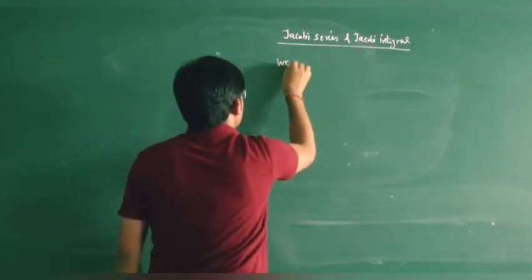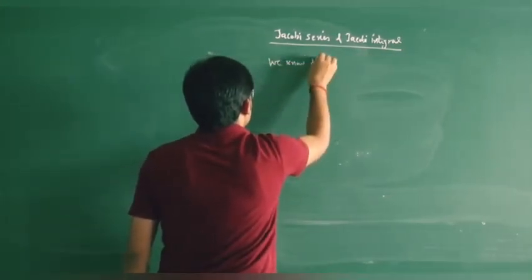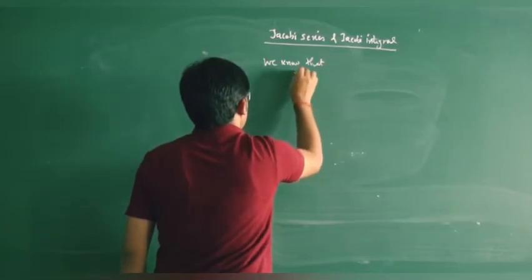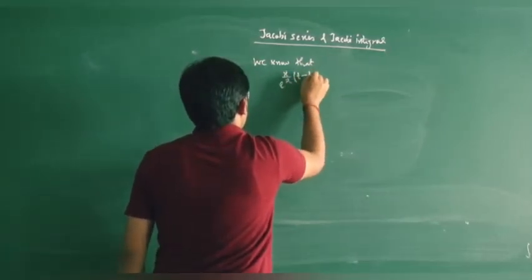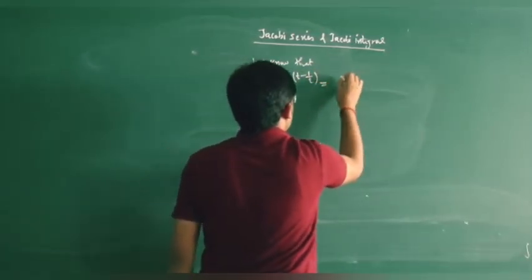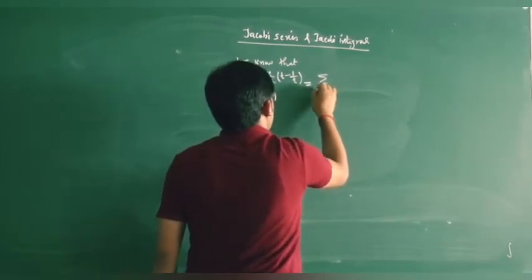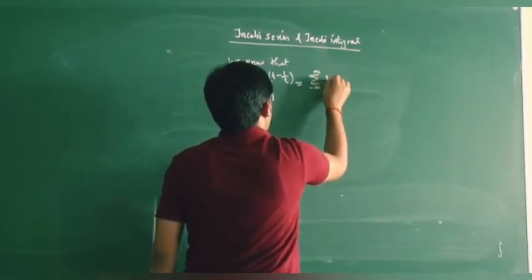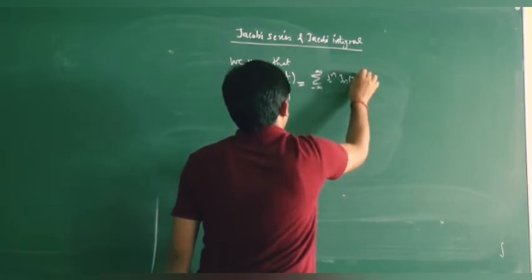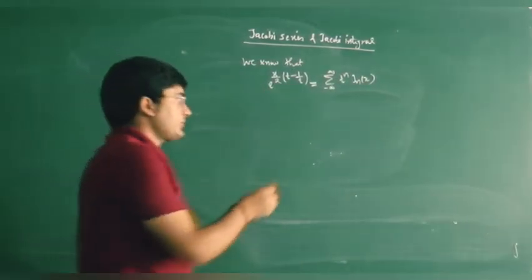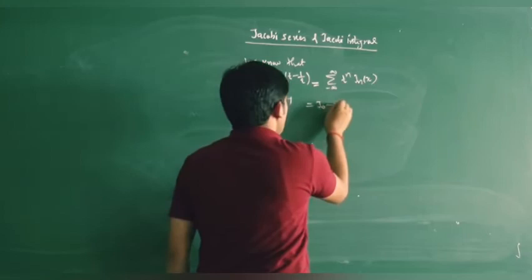We know that e to the power x by 2 into t minus 1 by t is equal to the summation from minus infinity to infinity of t to the power n into Jn(x). Now this can be written as J0, then J1(x).